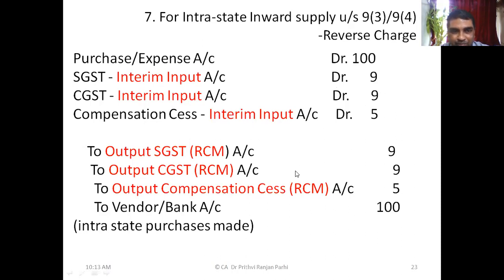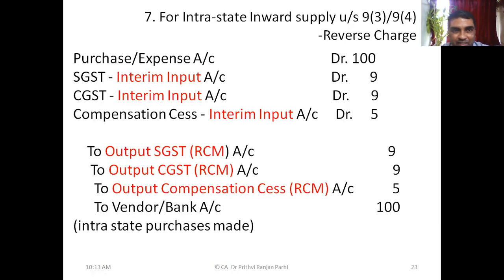Then, credit: Output SGST RCM account, that is reverse charge mechanism account. Then output CGST RCM account. Then output compensation cess RCM account, to vendor account or bank account.